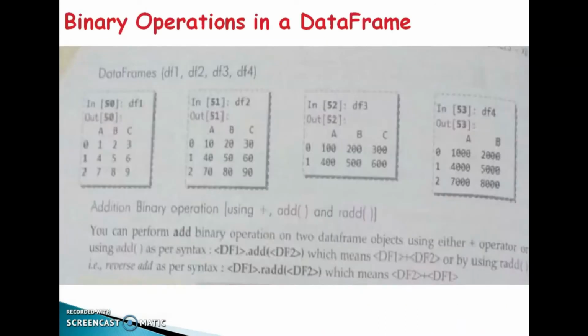Then the next one, binary operations in a data frame. What are binary operations? Binary operations mean operations requiring 2 values to perform, and these values are picked element wise.